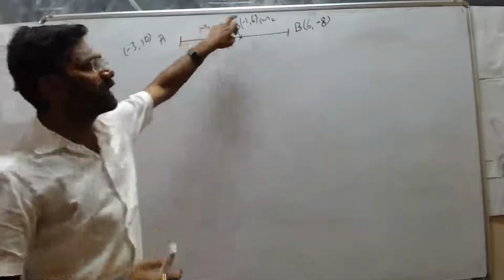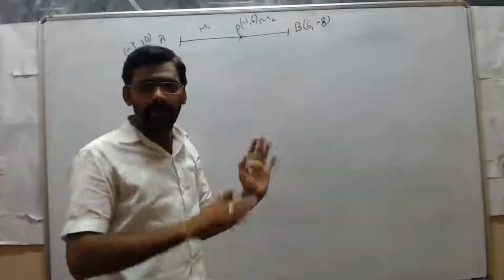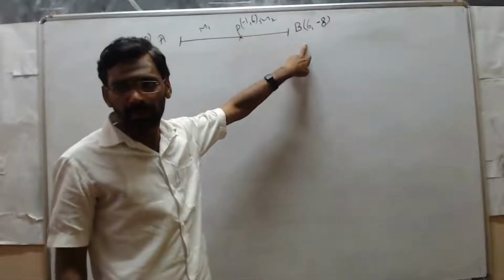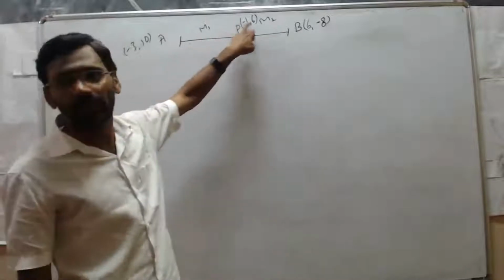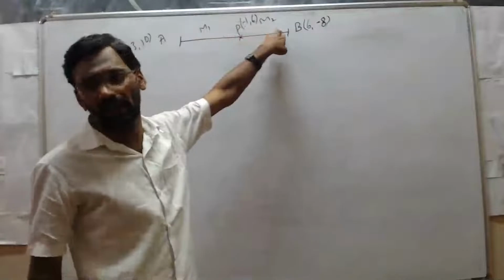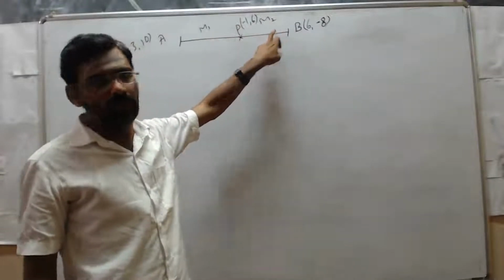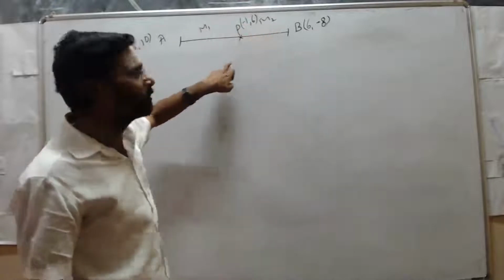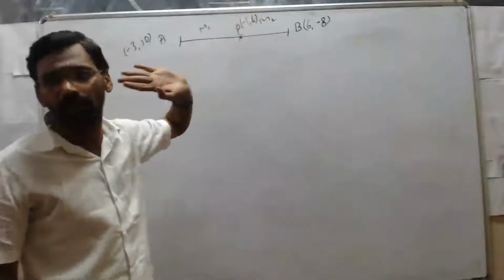We have to find the ratio. Sometimes if the ratio is given, we have to find the coordinates. If the coordinates are given, we have to find the ratio. Here coordinates are given, we have to find the ratio. In the previous problem, the ratio was given, we got coordinates.